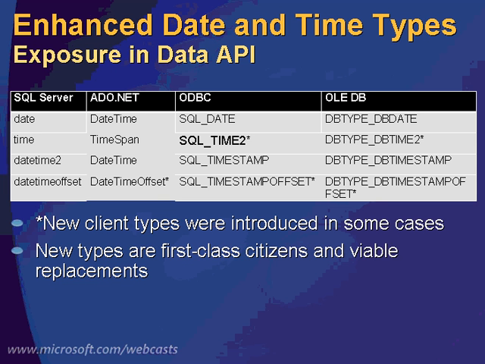So we didn't have to make any changes there. For date, it's a very similar story, where existing types in client API technologies already were there to fully support it.